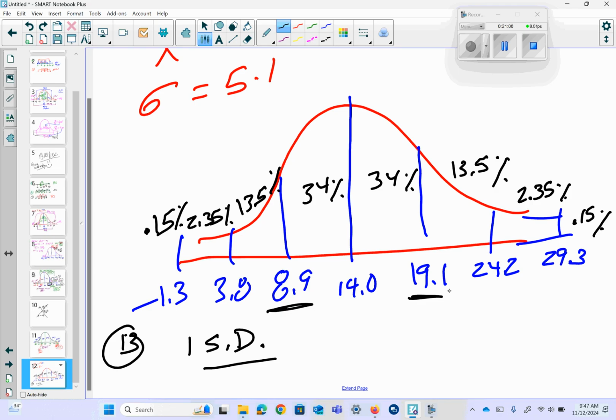So 1, 2, 3, 4, 5, 6, 7, 8, 9, 10, 11, 12, 13, 14, 15, 16, 17. I have 17 pieces of data.